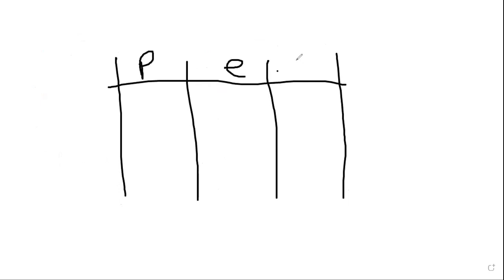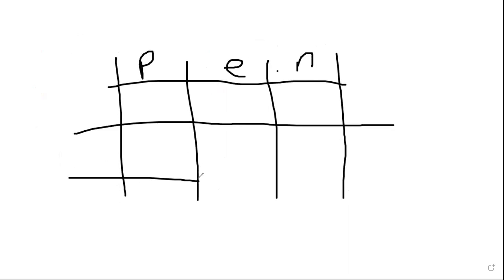We can have a question like this one. Let me give a rough sketch of my question. I will say this is the P, this is the E, this is the N. Then we'll just look at maybe two or three elements. So we can have Na, which is sodium, 23, 11.